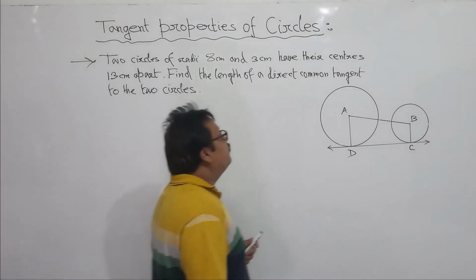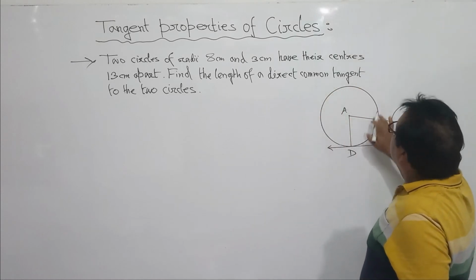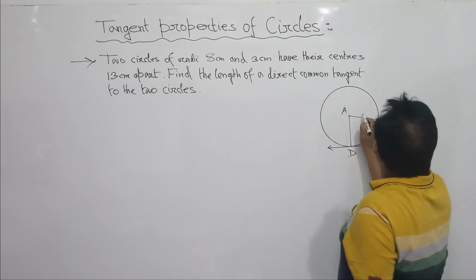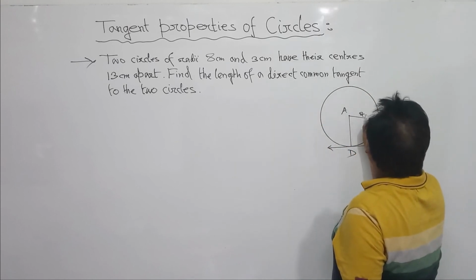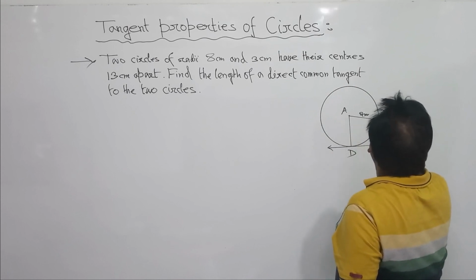Drawing is here. Consider the radius of the bigger one is given 8 cm. Give the name here, PQ.